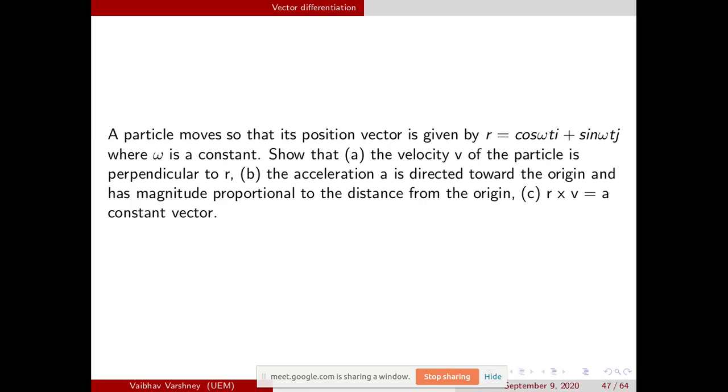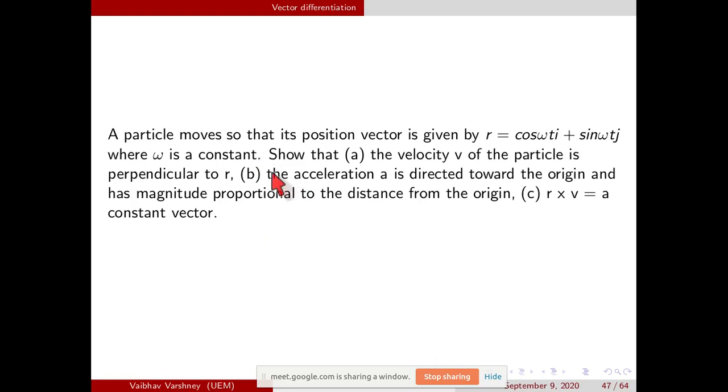The first term will be minus omega cos omega t sin omega t, and the second term will be plus omega cos omega t sin omega t. Omega square will not be there, only omega. Both are the same, minus and plus, so we will get 0. This is clear to all.